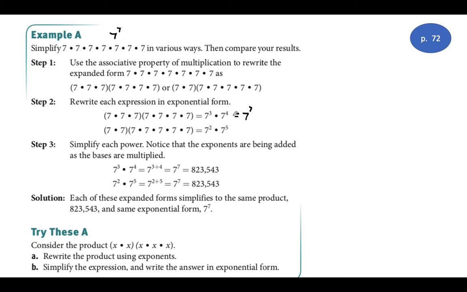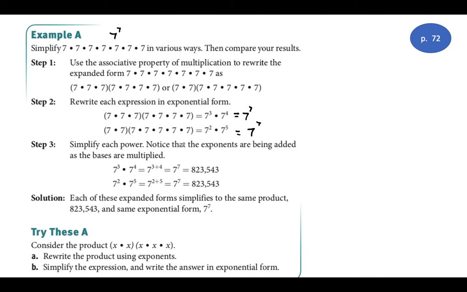Or what if I group 7 times 7, so 7 squared, and 7 times 7 times 7 times 7 times 7, which is the rest of the 7s, which is 5 of them, right? This still is equal to 7 to the 7th power.